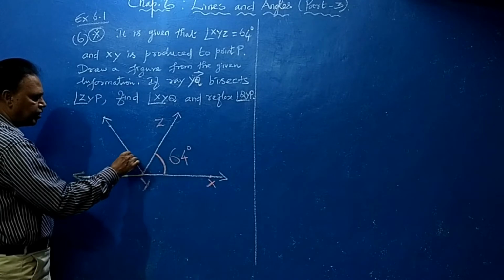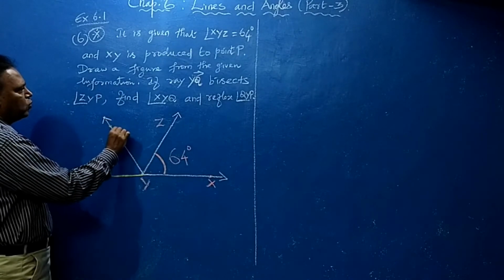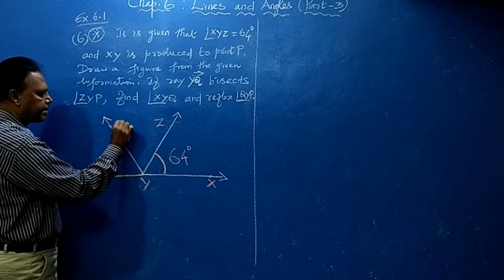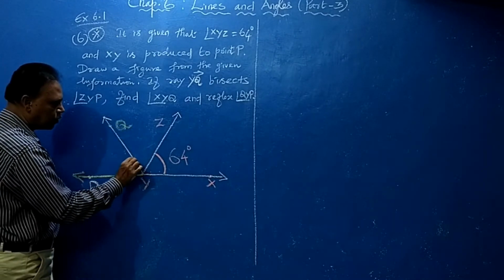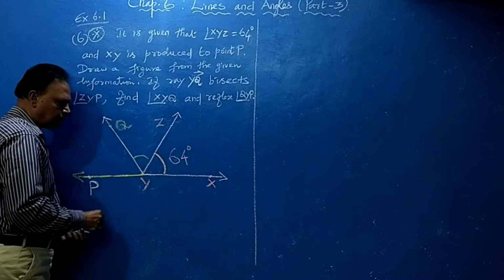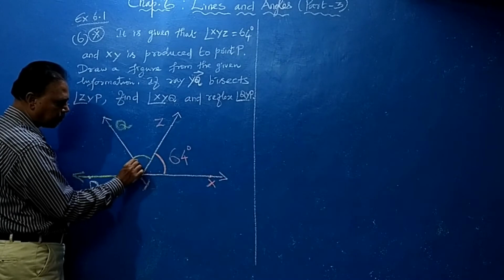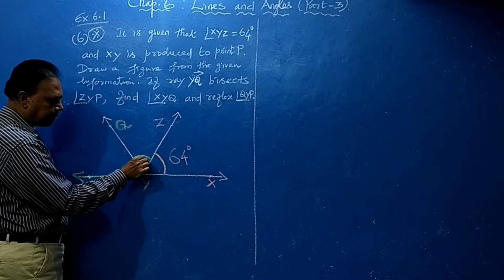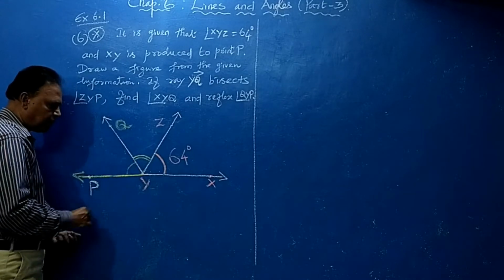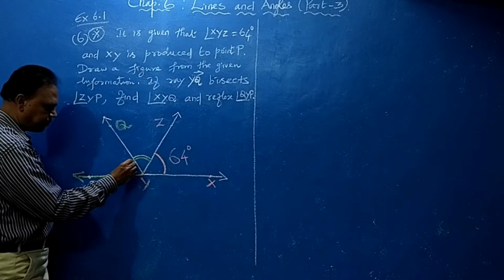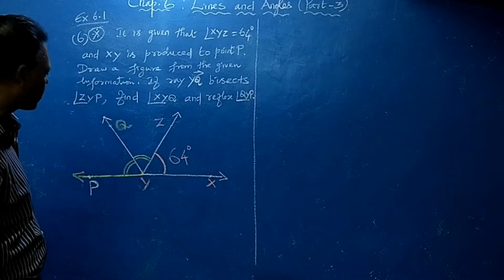So ray YQ divides the angle into two equal parts. That means this angle is equal to this angle. Both are the same, so you have to mark it like this.